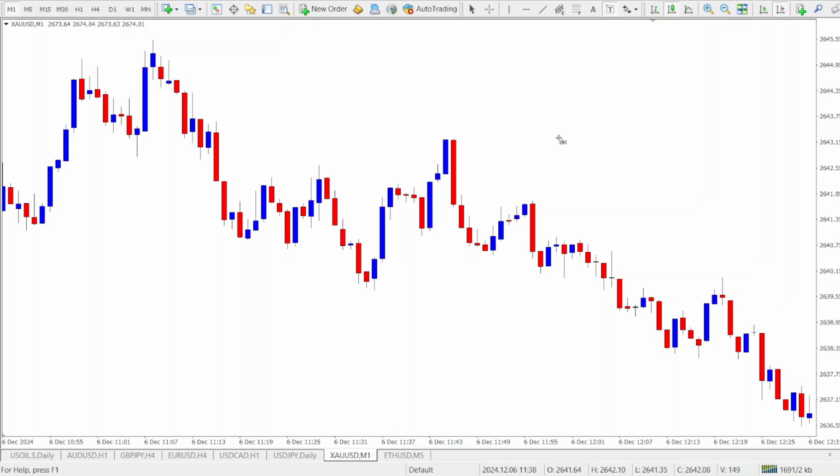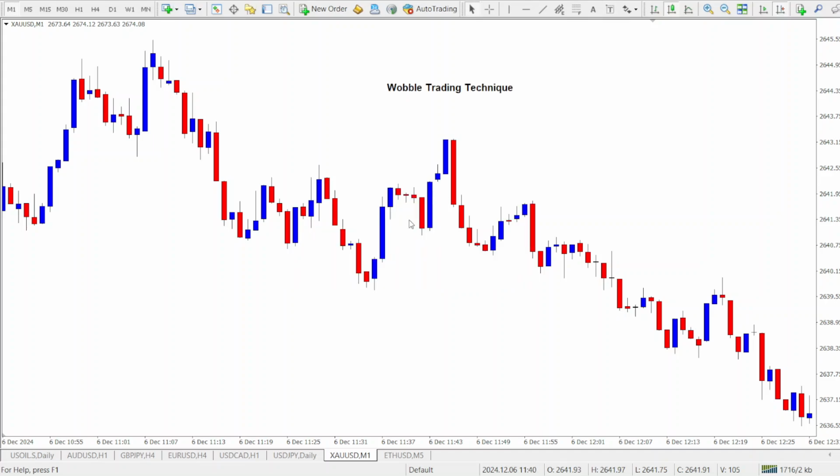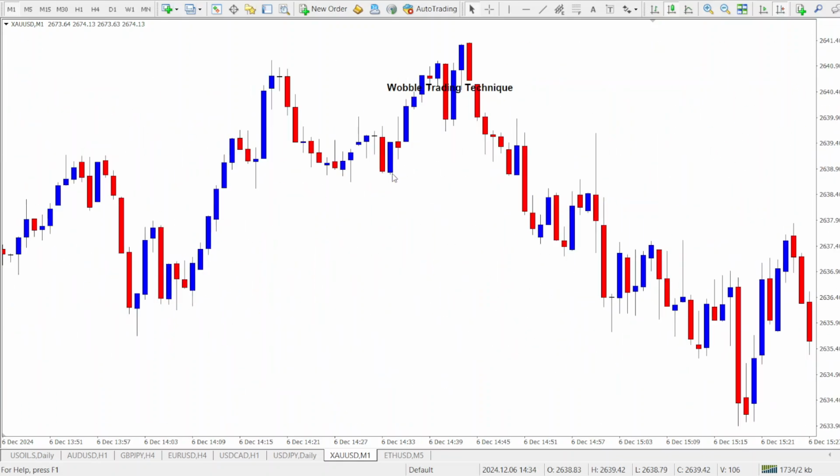So what is the wobble technique? The wobble trading technique. Simply put, it's a trading approach that emphasizes managing positions dynamically instead of holding a single large position.